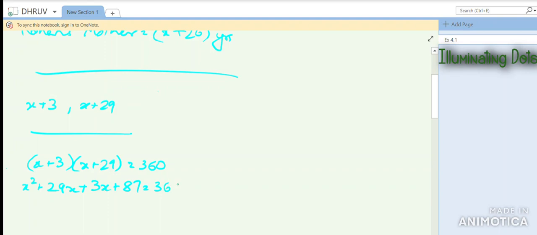Therefore x square plus 32x minus 360 plus 87, that is x square plus 32x minus 273, is equal to 0. This is the equation we needed to find. Now this is over. Sorry for the handwriting.